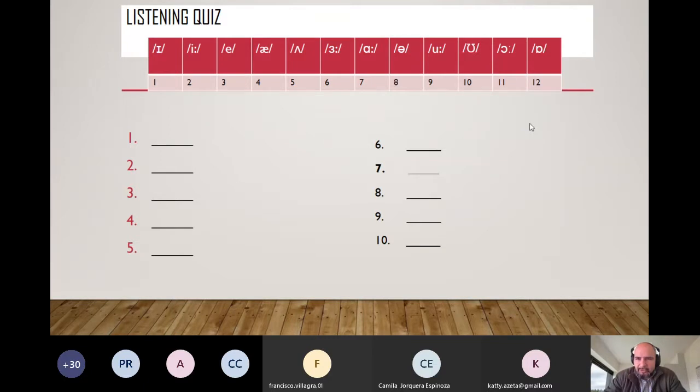Sort. The next one is were. Were. And the last one is took. Took.